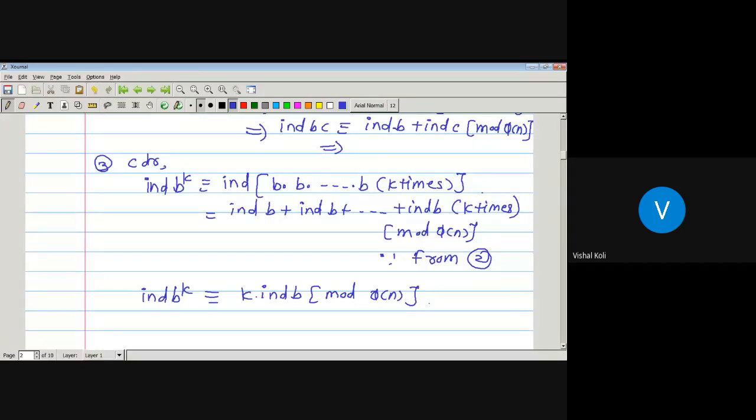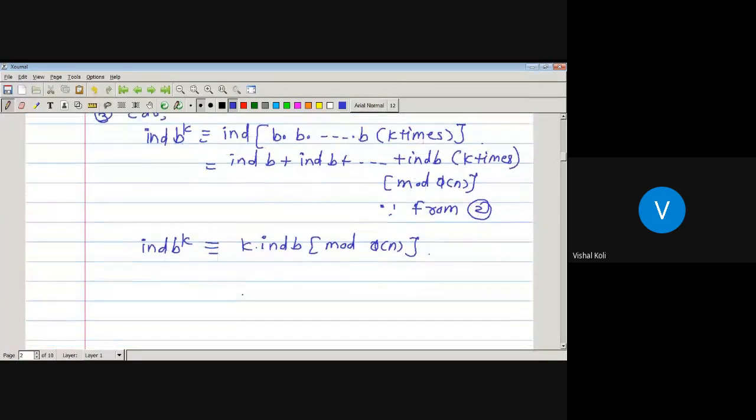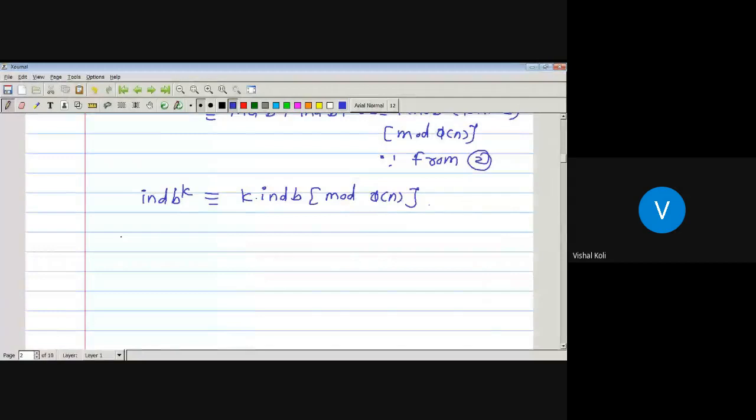Now the last one, the fourth one. Prove that index of 1 is congruent to 0 modulo phi of n. Take this one as a double star.